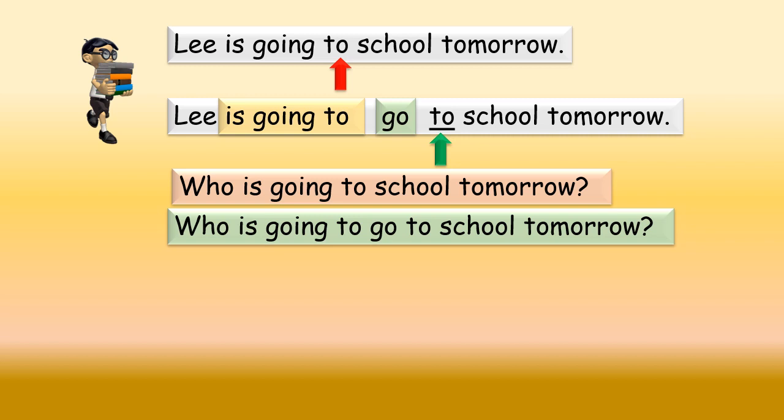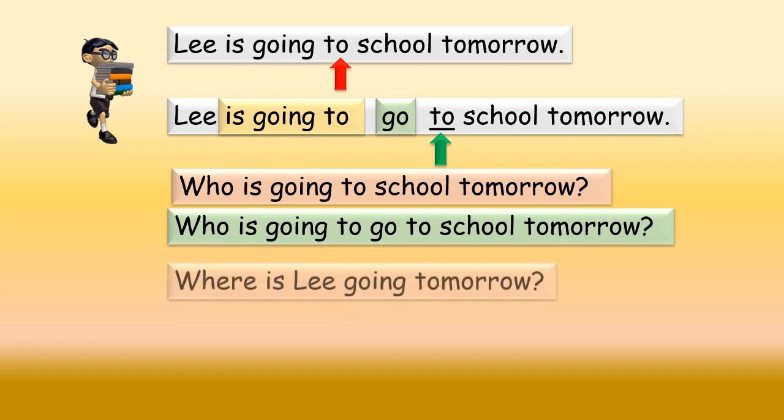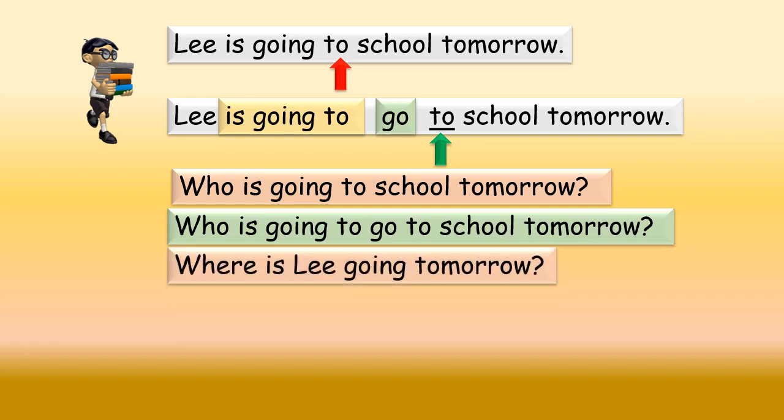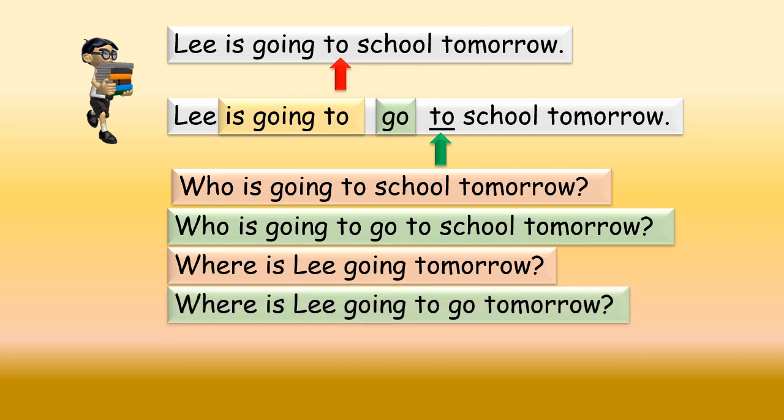The red arrow, what's the question? Where is Lee going tomorrow? The green arrow, what's the question? Where is Lee going to go tomorrow?